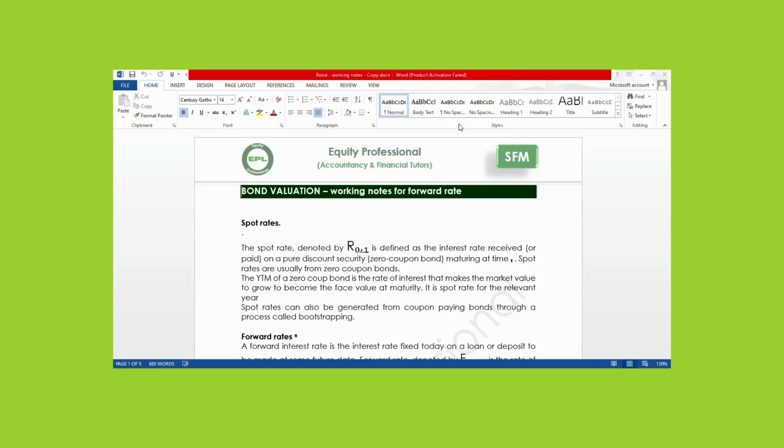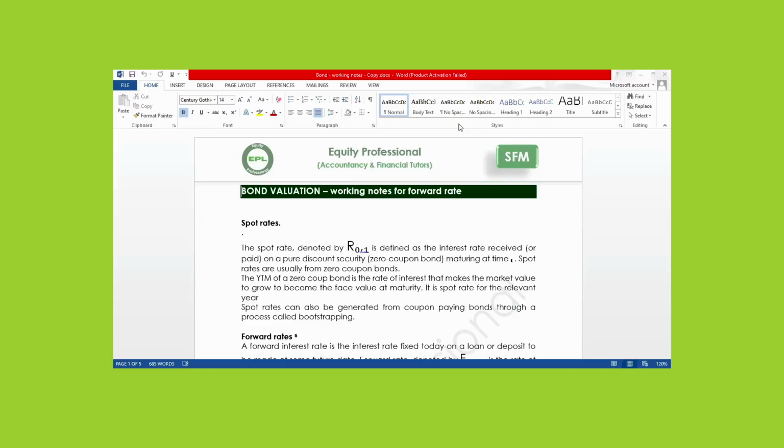Now, if you are to value a bond, you can either use the spot yield curve or the forward yield.